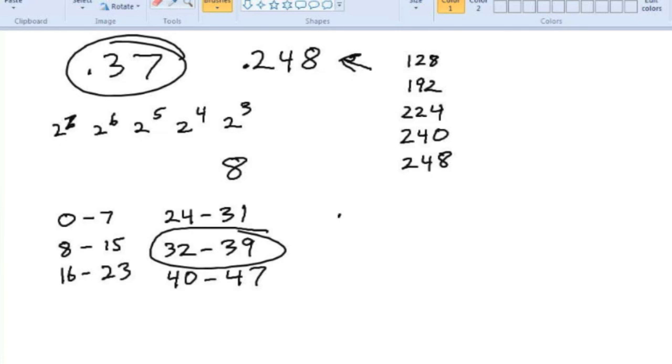So the address would be .32 of the network. The first usable would be 33. The last usable would be 38. The broadcast would be 39. And the next network would be 40.